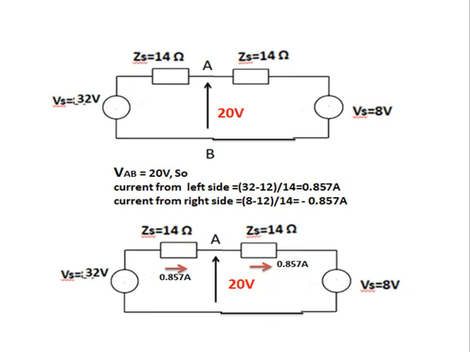So from circuit 1, current output to output terminal is 0.857 ampere. For circuit 2, current going into the circuit from output terminal is 0.857 ampere.